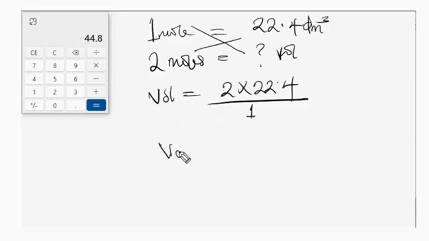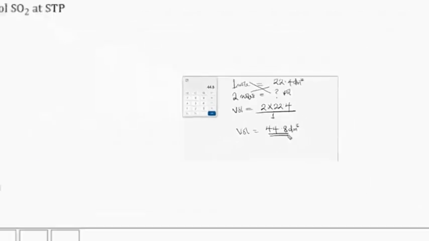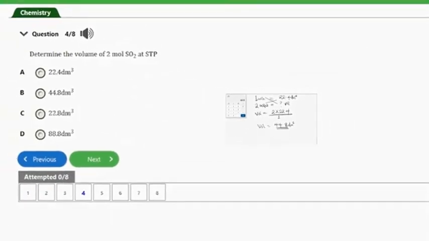So the volume will be 44.8 dm cube. So guys, that's it about this question. The volume here for 2 moles of this substance will be 44.8 dm cube. And guys, that's option B here.